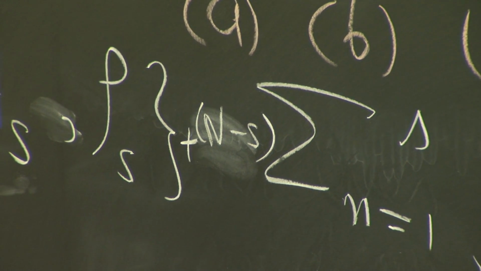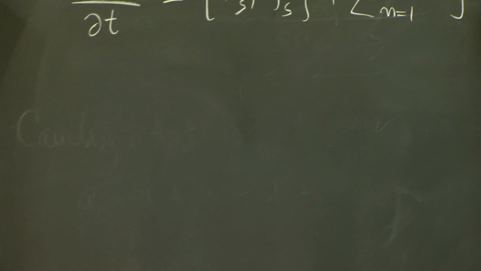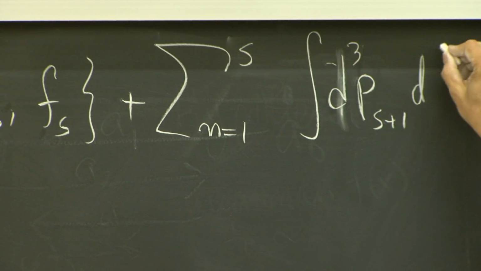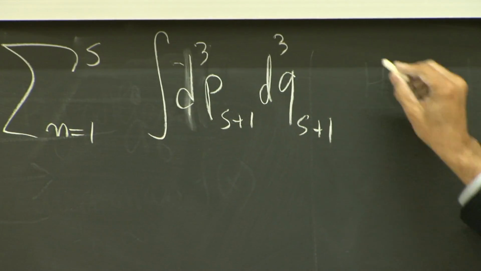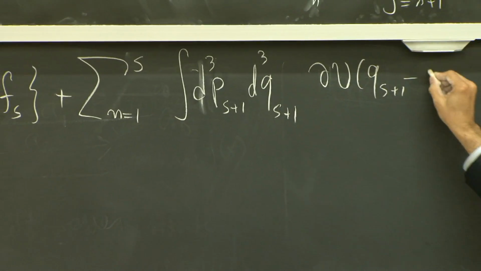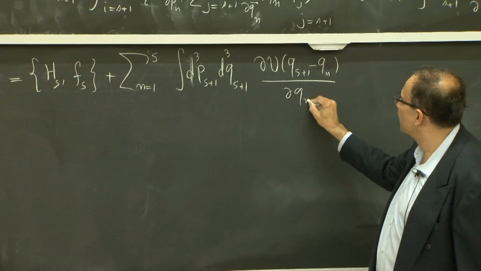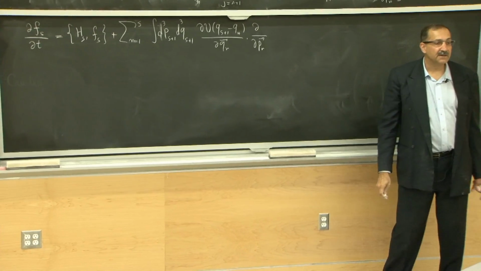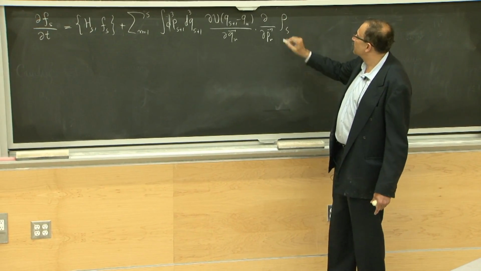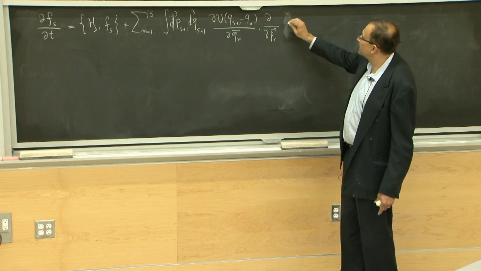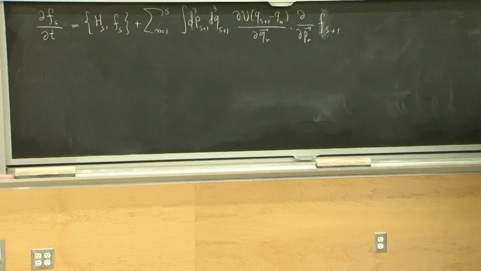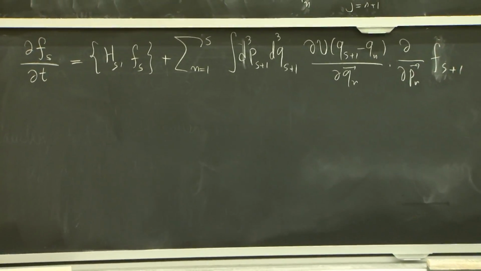And it becomes a sum over n running from 1 to s, integral over coordinates and momenta of particle s plus 1, the force exerted by particle s plus 1 on particle n, used to vary the momentum of the n-th particle, and the whole thing would depend on the density that includes, in addition to the s particles that I had before, the new particle that I'm colliding with. Okay?